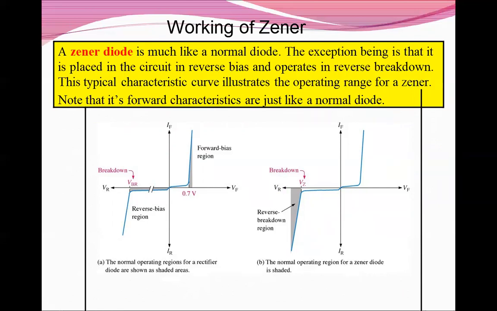Here after 0.7 volt in the forward bias region, the current starts increasing. Similarly in the reverse bias region, after breakdown voltage, the current starts increasing in the opposite direction. In this manner, the constant voltage is maintained.